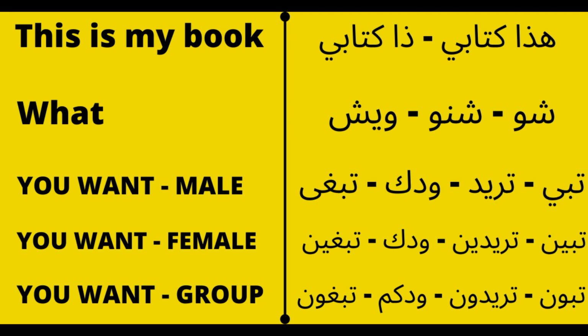Now, next three sentences are very important. VIP sentences. So in Gulf dialect, how to say you want for male, you want for female when you are talking to a female, and you want when you are talking to a group.